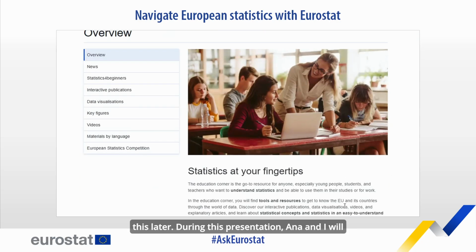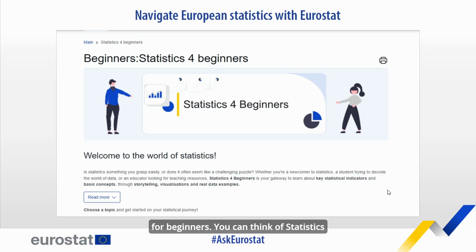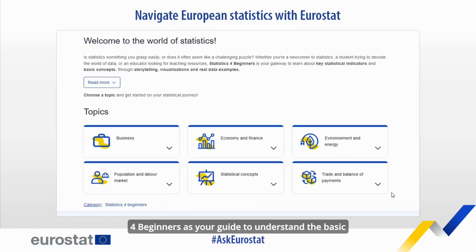During this presentation, Anna and I will present three key resources: statistics for beginners, interactive publications, and data visualizations. Let's start with statistics for beginners. You can think of it as your guide to understand the basic statistical concepts and definitions which you need to know in order to understand and analyze statistics correctly.